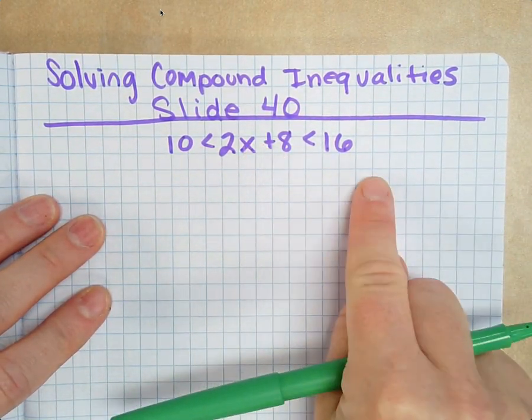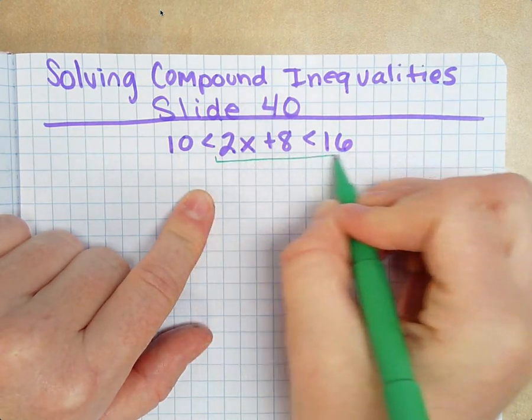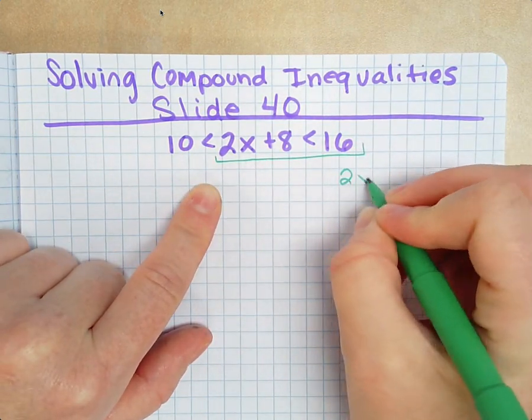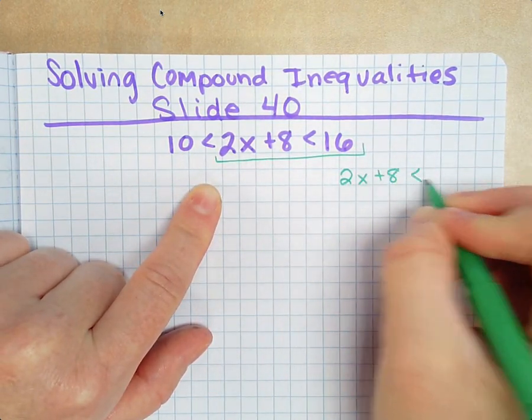So this side is easy to write. We're just going to write 2x plus 8 is less than 16.